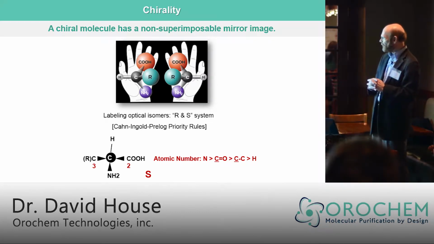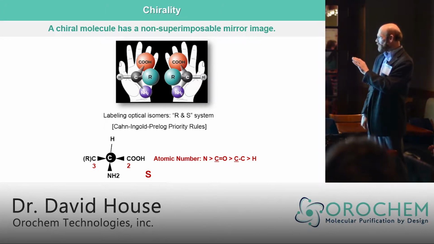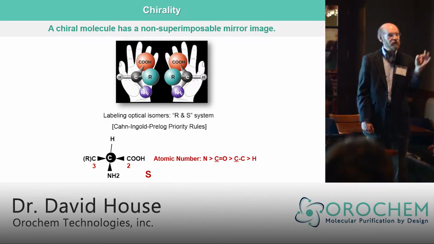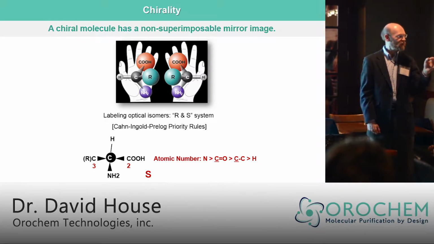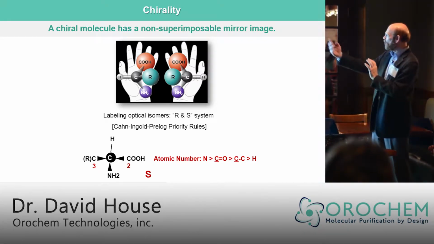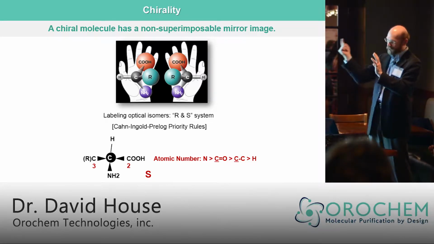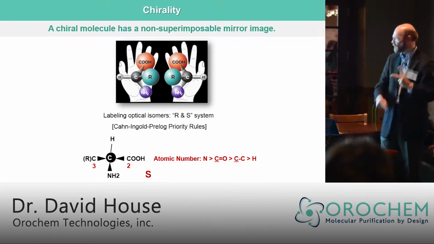Okay? Now, looking at that molecule, the substituent order is nitrogen before the carbon that's attached to a double bond, which is before a carbon attached to a carbon bond, which will be before the proton. So the proton's the lowest, it goes in the back. We rotate the molecule in the left hand, so now the R group goes 90 degrees, and basically it's like my arm's hydrogen and my 3 fingers represent the groups.